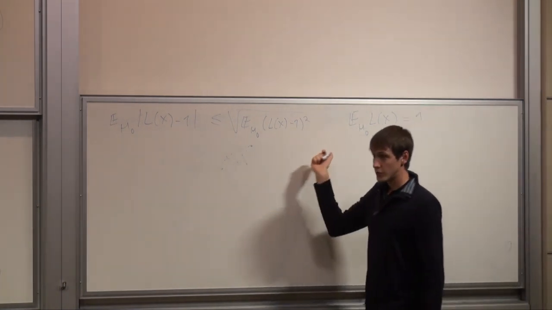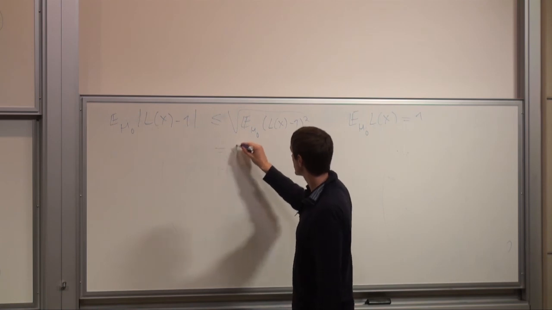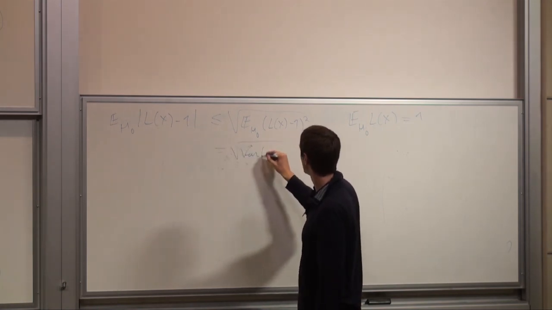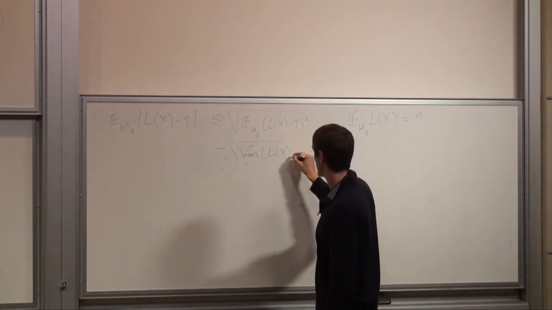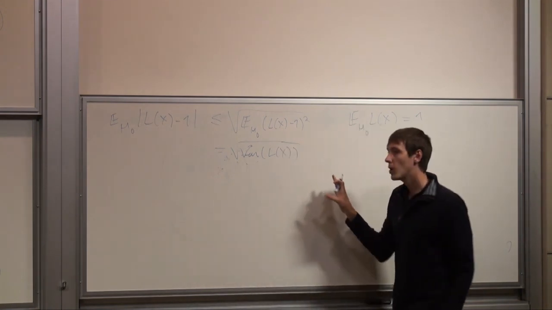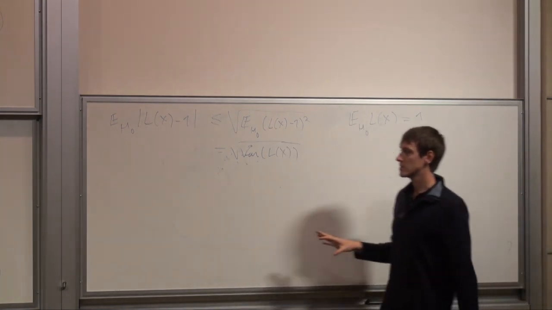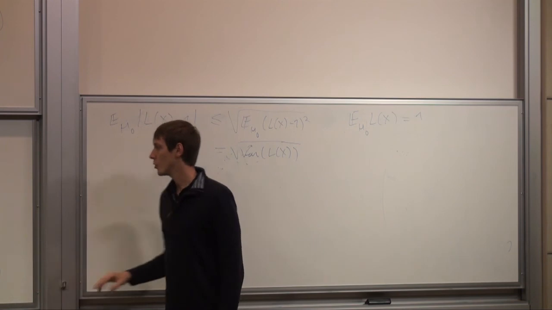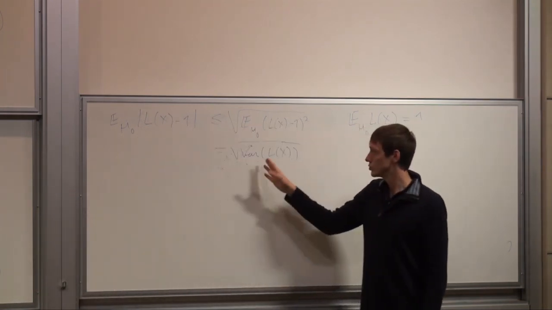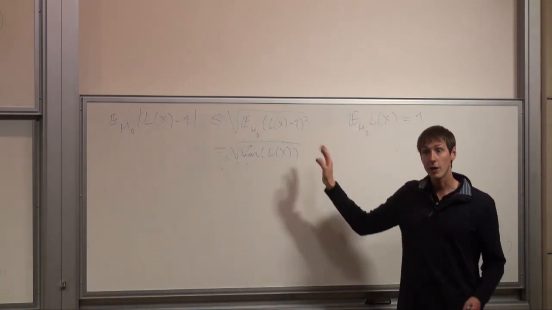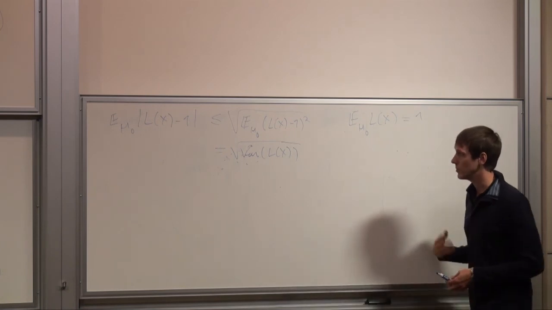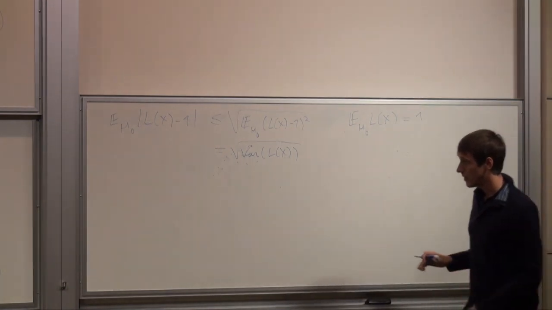So what is this? That's just the variance. So that's the square root of the variance of the likelihood ratio. Okay, and now I'm happy because I have something that looks simple and an operation that is usual, the variance. And now I can start to do algebraic manipulations and upper bound this thing.